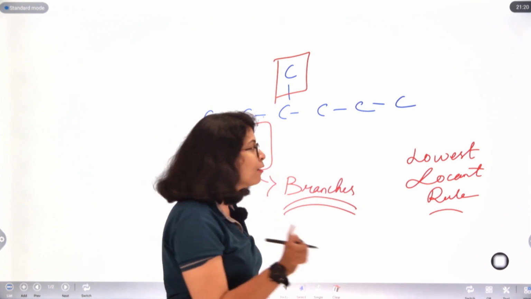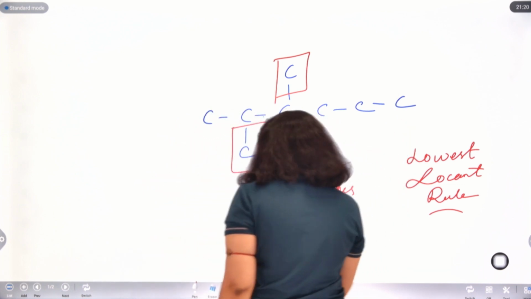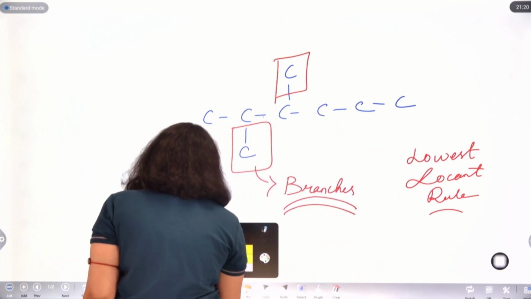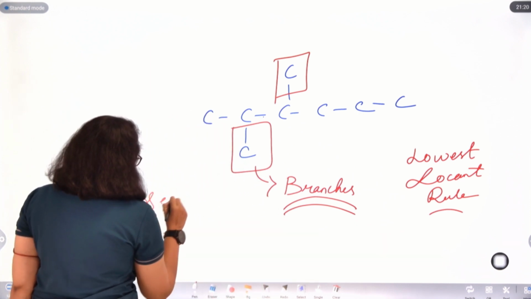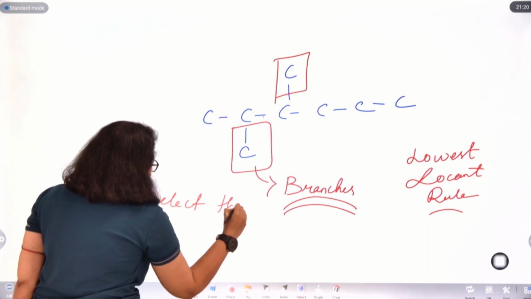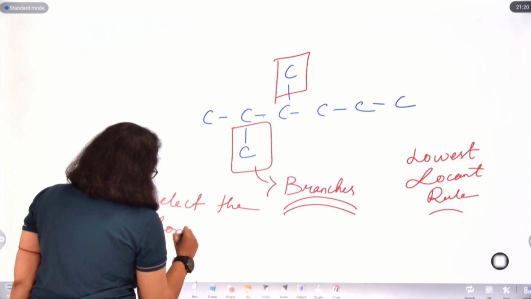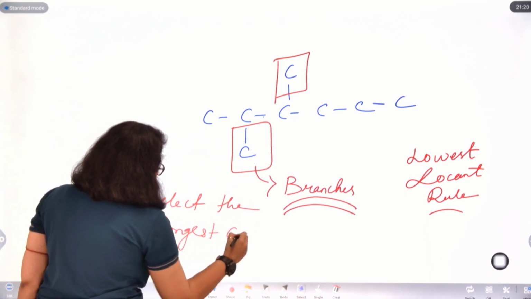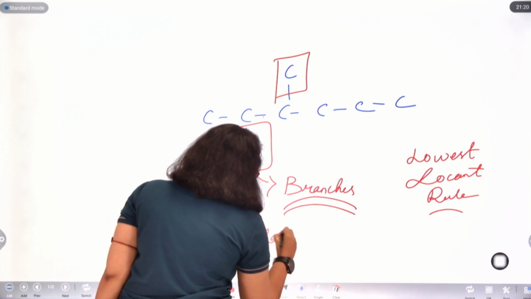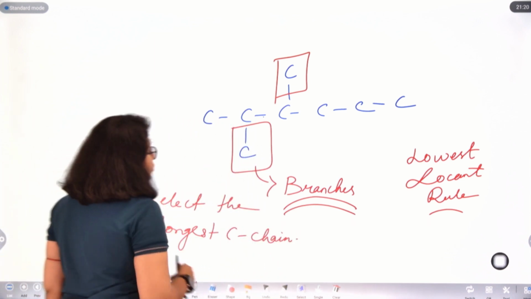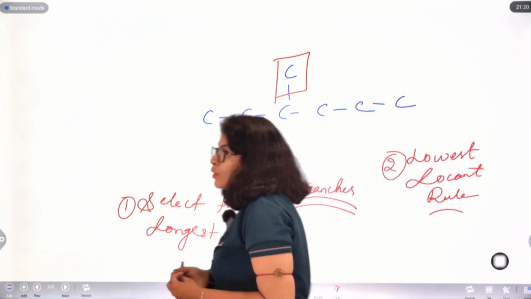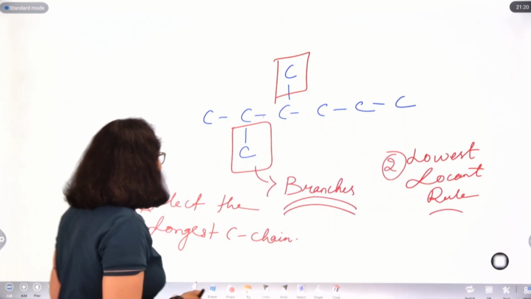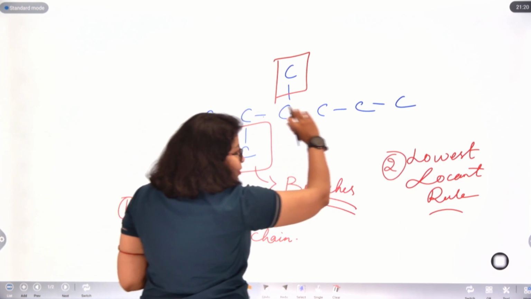The first thing I have to look for is to select the longest carbon chain. This is the first thing I will do. The second will be to go for the lowest locant rule. So I'm starting the naming of these organic compounds. I'm first naming this chain.